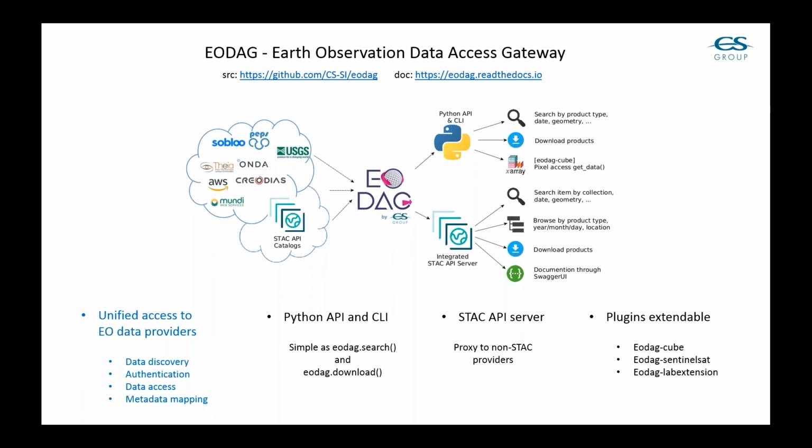For search purposes, EODAG can be seen as a client for STAC API, static STAC, and many more other protocols. EODAG has a Python API and command line interface that are as simple as possible, like eodag search and eodag download.